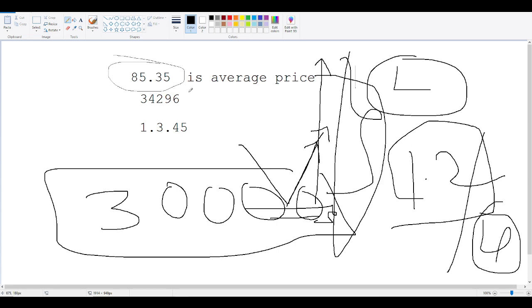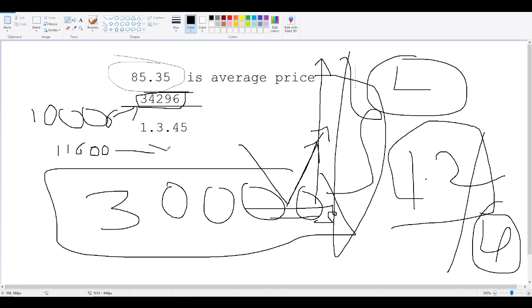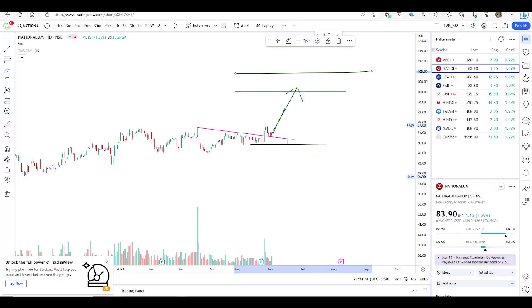Okay, previously what is this? Our profitability for 10,000 rupees risk, we are expecting 34,000 rupees profit. Now for the 11,600, how much are we expecting?